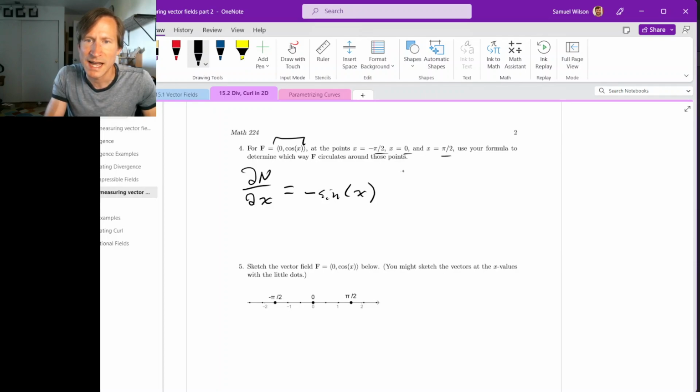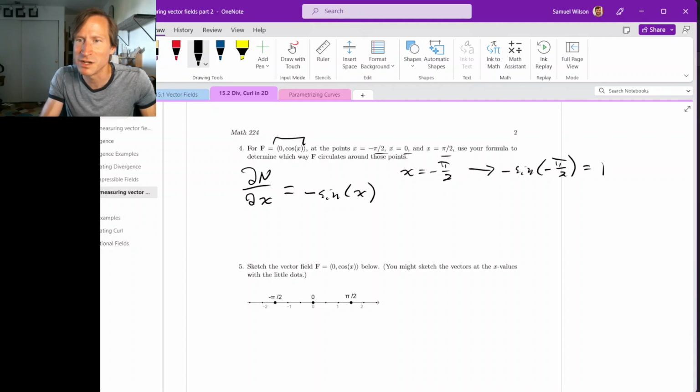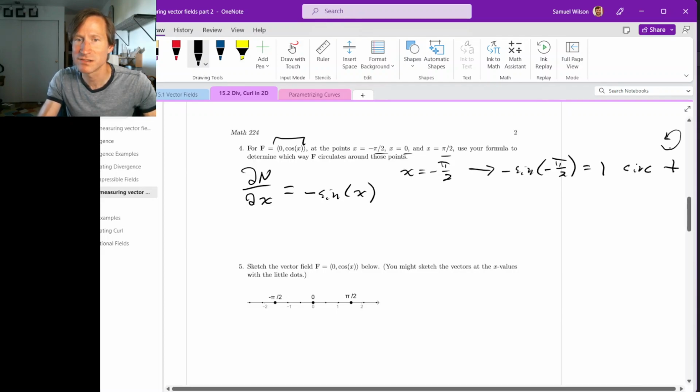So at x equals minus pi over 2, minus sine of minus pi over 2 is plus 1, right? We get a minus minus 1, so that's plus 1. So this leads us to believe that at x equals minus pi over 2, this vector field should be circulating positively. And remember, that's counterclockwise.